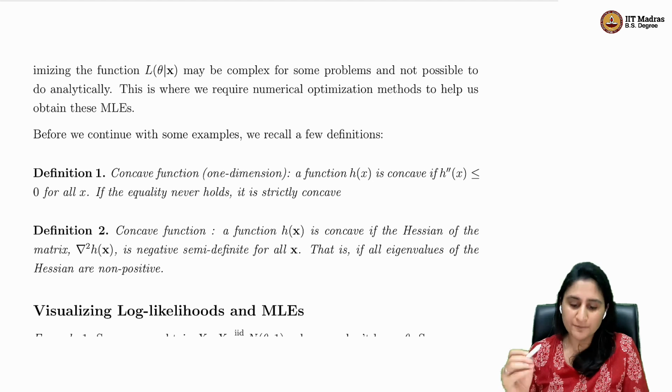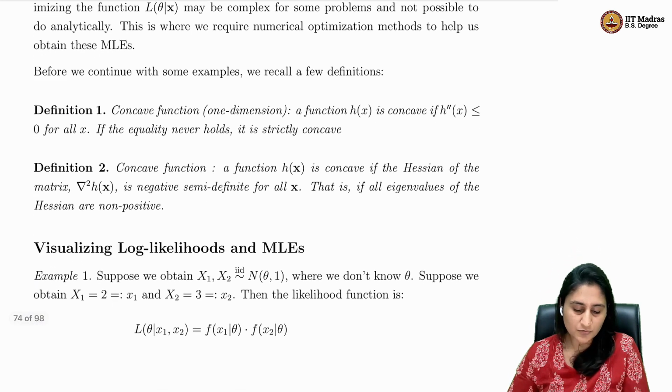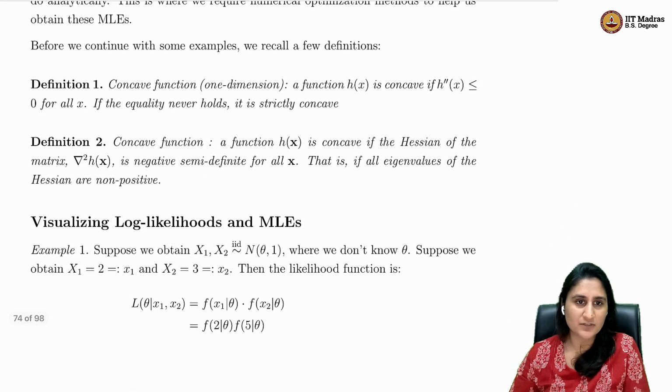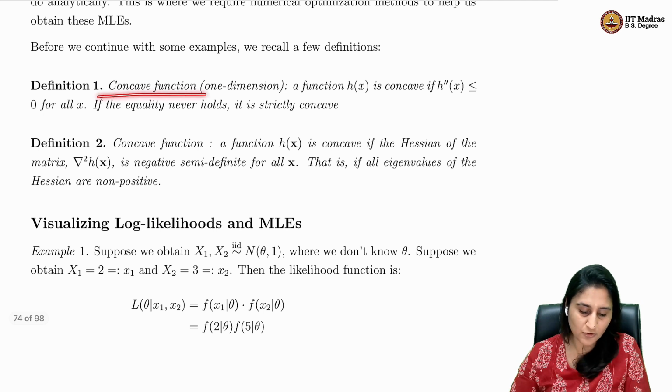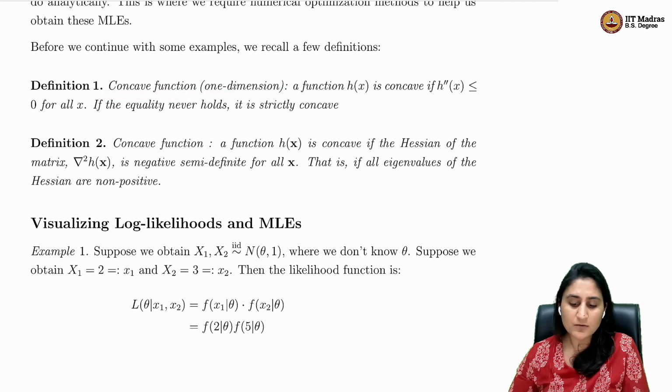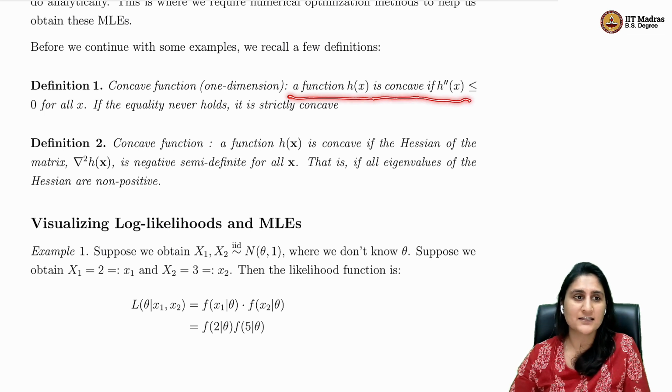But before we do that, we have to understand what type of functions we're going to be looking at. The first definition pertaining to this is that of a concave function of one dimension. There are many ways to define a concave function, but this is the way I'm defining it. A function h of x is concave if its second derivative is less than or equal to 0 for all x.